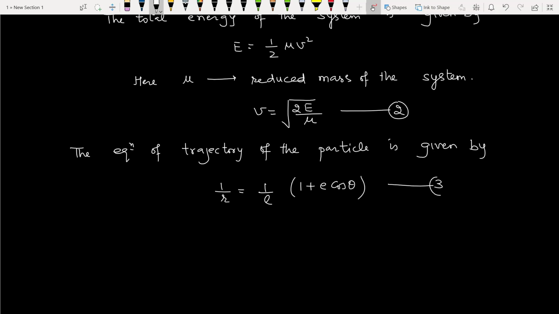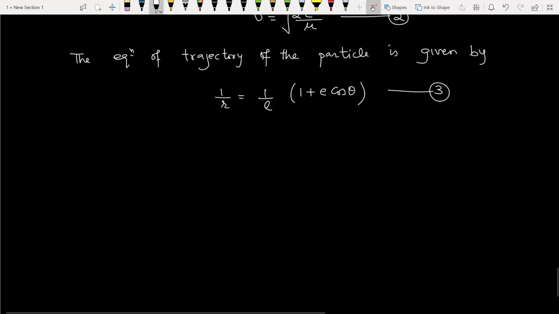So this is equation number 3, where small l, what is small l? Yes, semi-latus rectum.